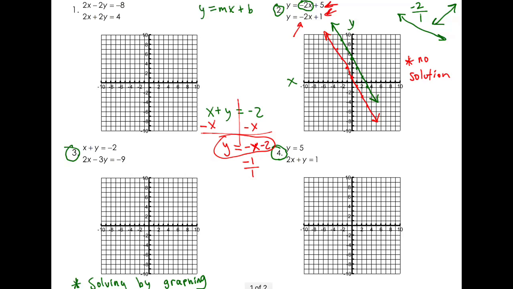Okay, so our y-intercept is negative 2, so let's plot negative 2 on the graph down there. And so we know our slope is going to be negative, so it's going to be going down from left to right. And so we're up 1 over 1. Up 1 over 1.